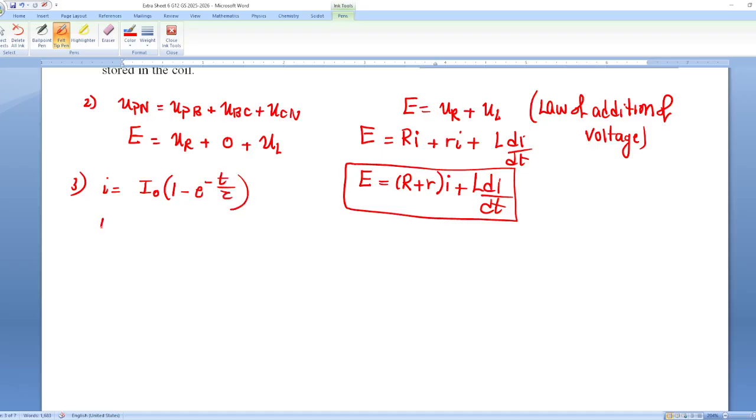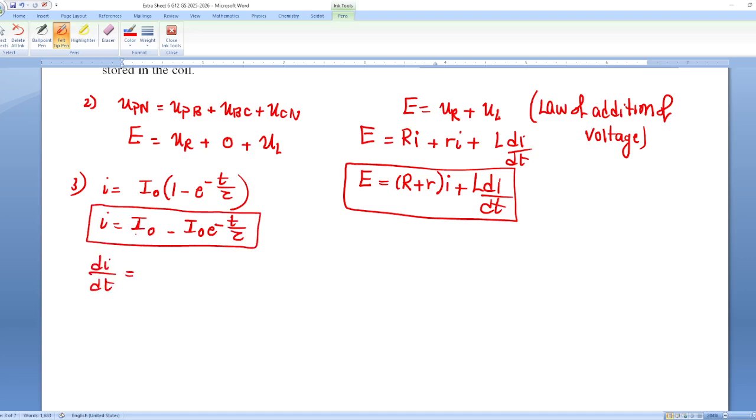First, I equals I0 multiplied by 1 minus e power minus t over tau. We expand: I equals I0 minus I0 e power minus t over tau. Now we derive I with respect to time. The derivative of a constant is 0, minus I0 times the derivative of e power u, which stays e power u times u prime.